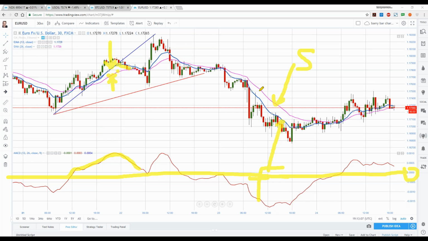When the blue line falls below the purple line, the slower moving average is larger than the faster moving average, we would get a negative number because we're subtracting a bigger number from a smaller number.